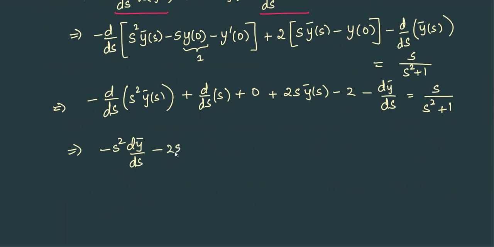Differentiate the first, keeping the other as it is. So this is 1 plus 0 plus 2s y bar of s minus 2 minus dy bar by ds.